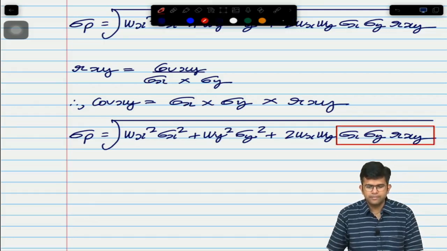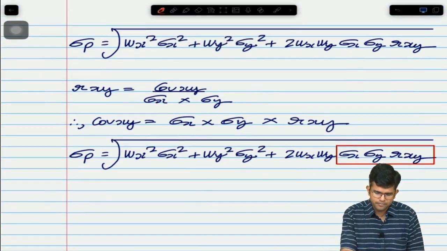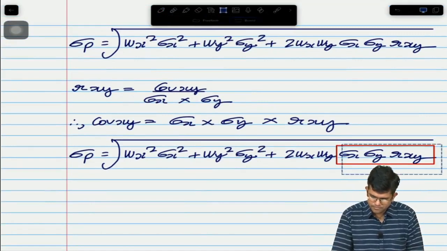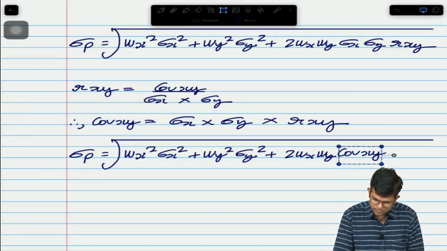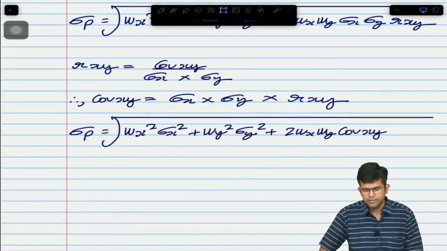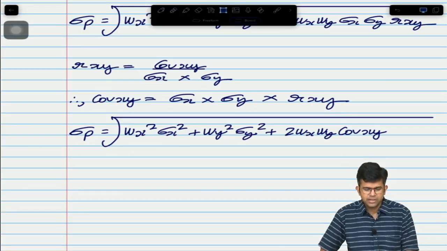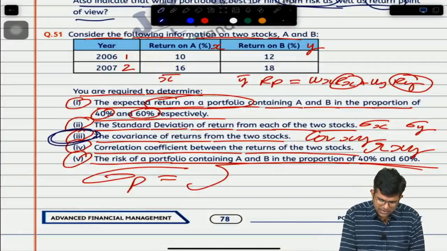check this out. Did you understand? Which means once you get point number 3, you can straight actually go to point number 5.